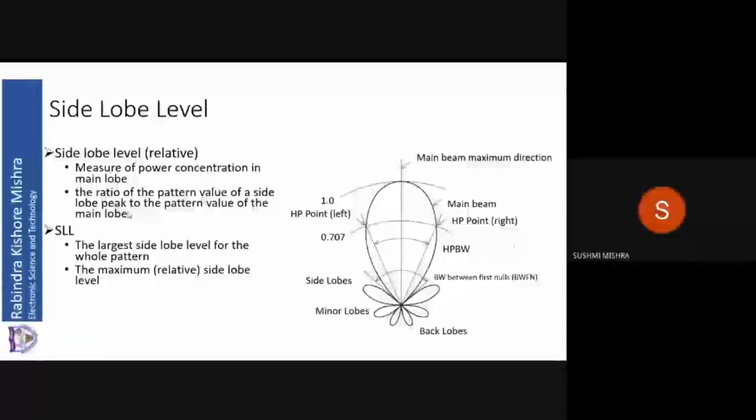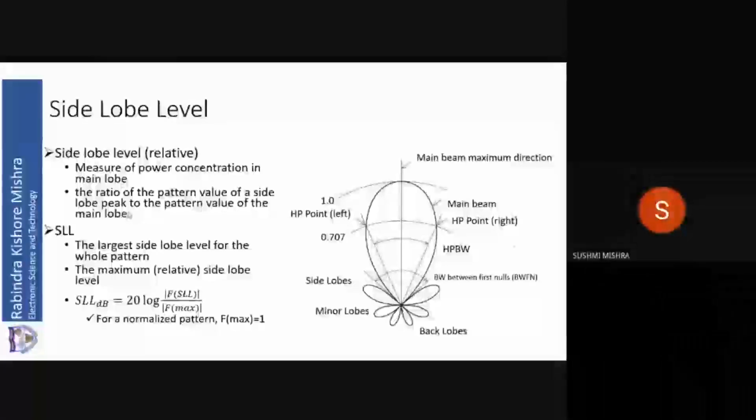Then on both sides or on any side of the main beam, there can be smaller beams, which are called side lobes. Then there can be minor lobes, which are smaller than the side lobes. Then there can be back lobes, which are pointing in the opposite direction, almost opposite to the main beam.